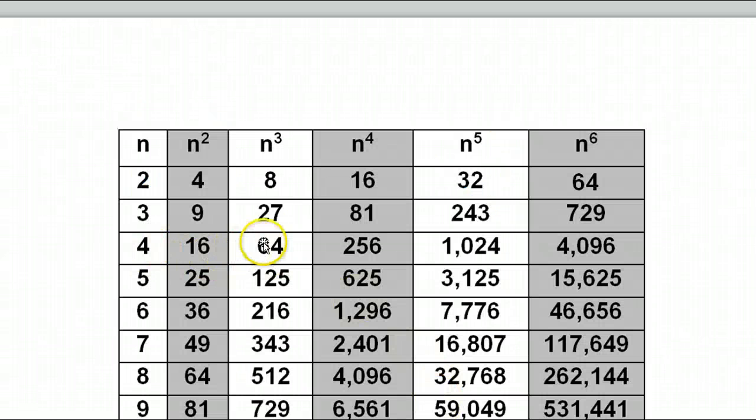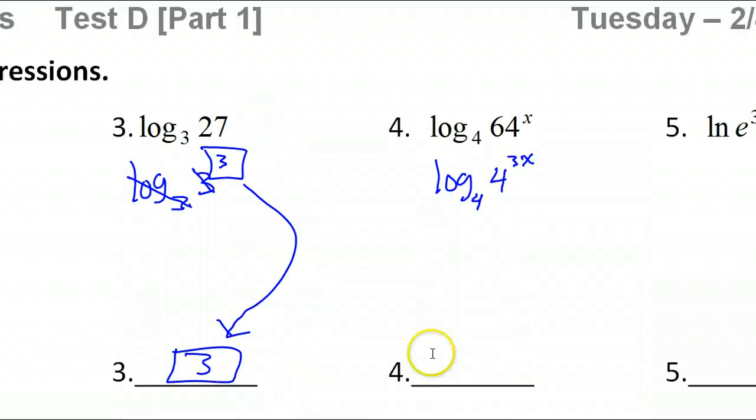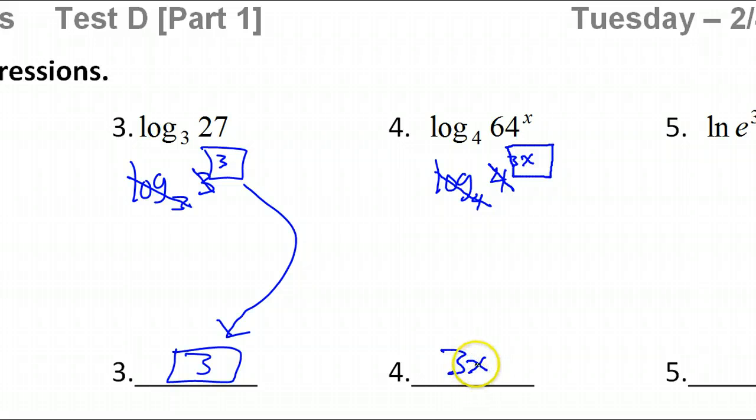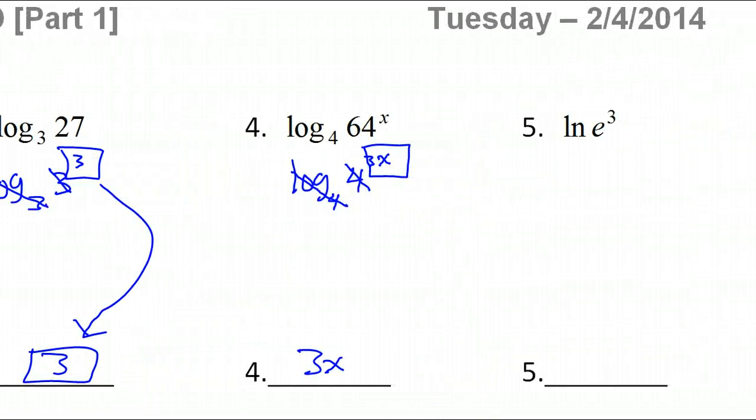So yes, 4 to the third power is 64. Don't forget the x. A lot of kids just left the x off, and that's no bueno. So the log base 4 and the base 4 will undo each other, and you will just be left with 3x. The x is part of it. Do not take it off.